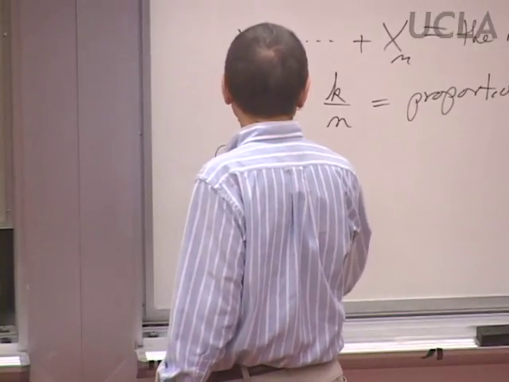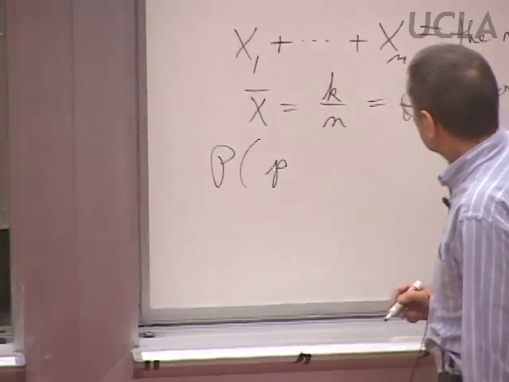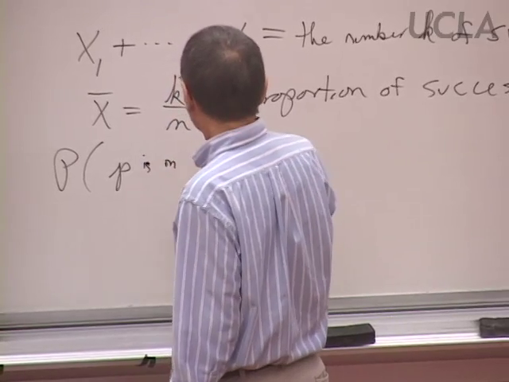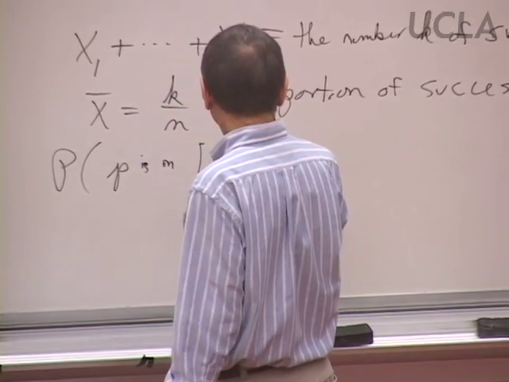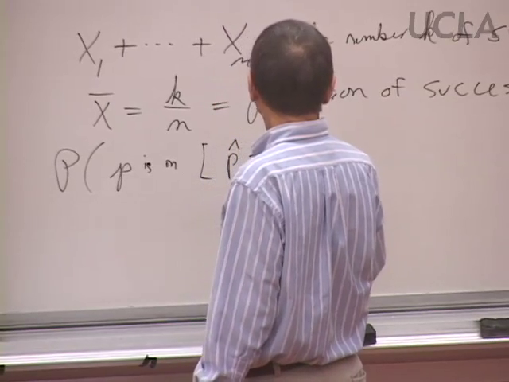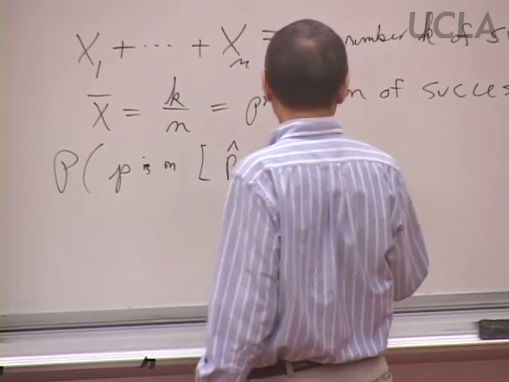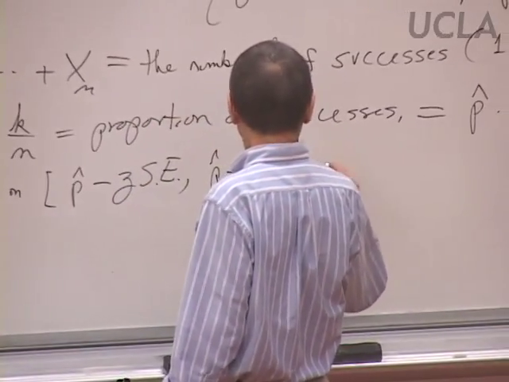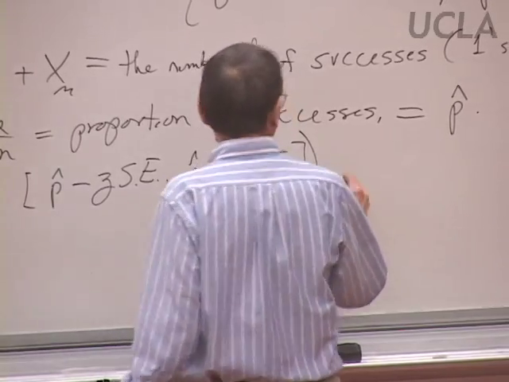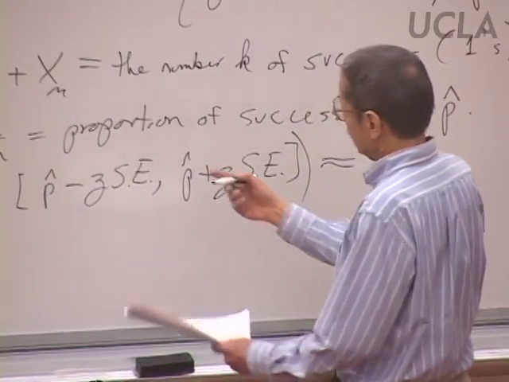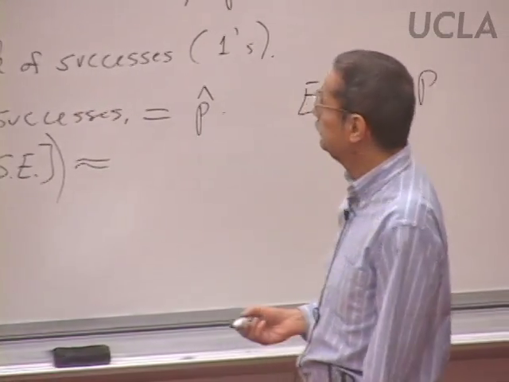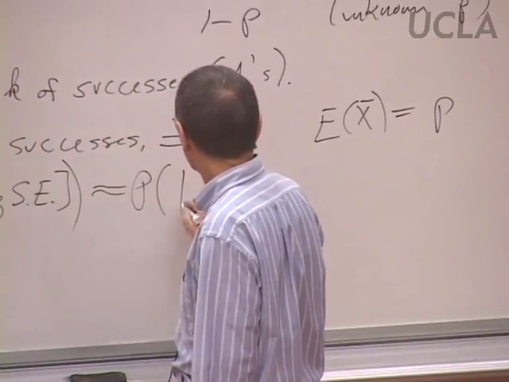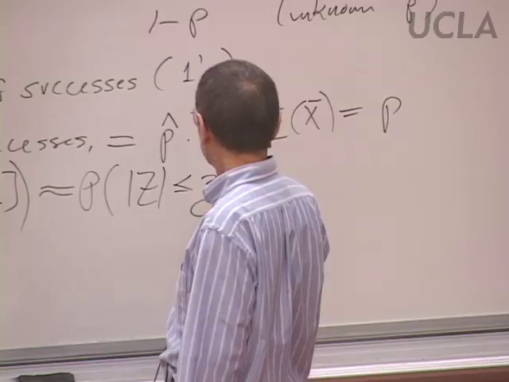The probability that the unknown probability p is in the interval p hat minus z standard errors up to p hat plus z standard errors is approximately, because we've made a couple of approximations here, the probability that something with a standard normal distribution is between minus z and z.